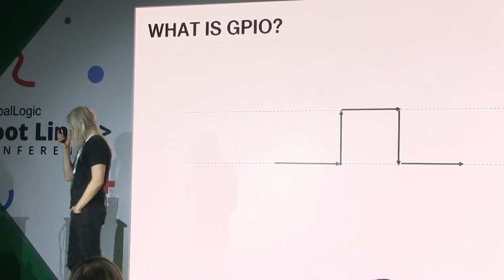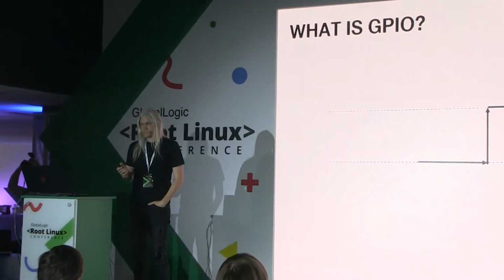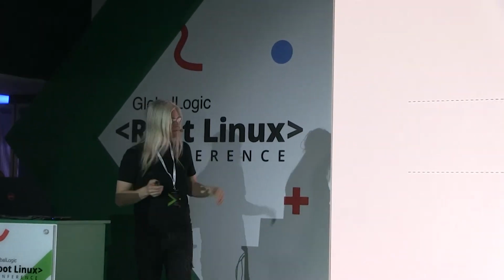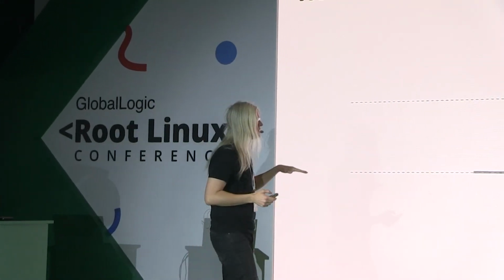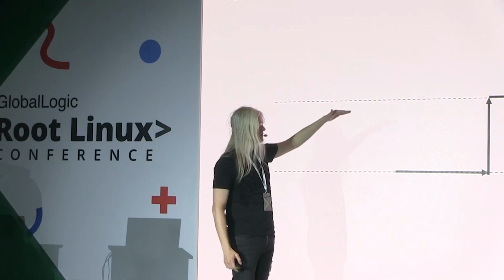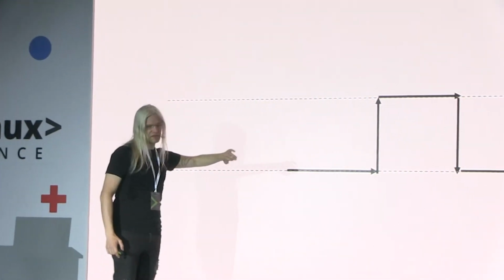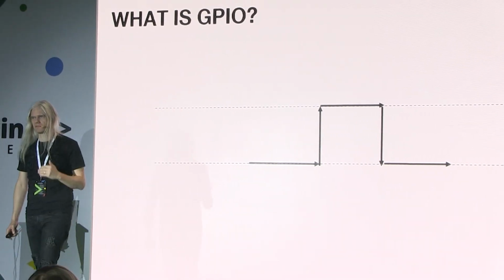So, general purpose, not specific purpose. And each of these general purpose input-outputs we refer to as a line, and it can be deasserted, or zero, or asserted. And this is, of course, an electromagnetic signal. It's a voltage.